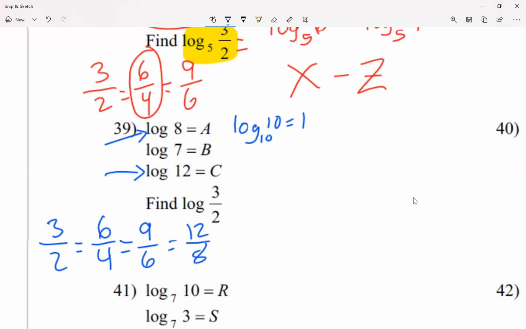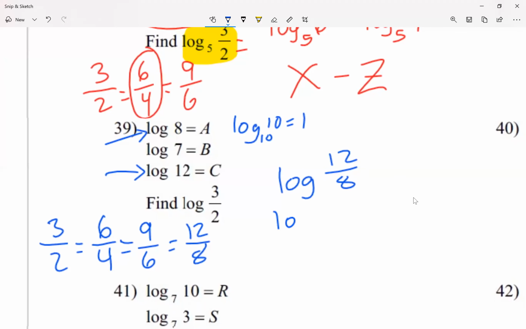So let me rewrite this as log of 12 over 8, right, because I simplify my fraction. Now let me have you think. Log 12 over 8, right? Division. Do I go plus or minus in this case?